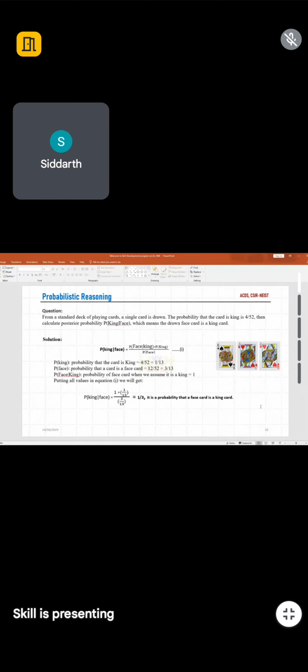Sir, what is the meaning of posterior probability? So posterior probability in Bayesian reasoning is the updated probability of a hypothesis after considering new evidence. It reflects how much one should believe after seeing the new data.